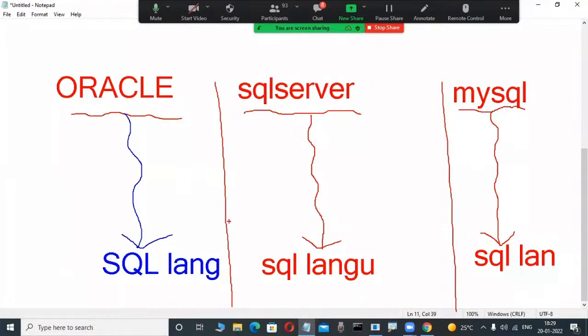But are all these SQL languages the same or different? Only one answer is correct. Easy. Maybe some technical persons in our class can tell: are all these SQL languages the same or different?